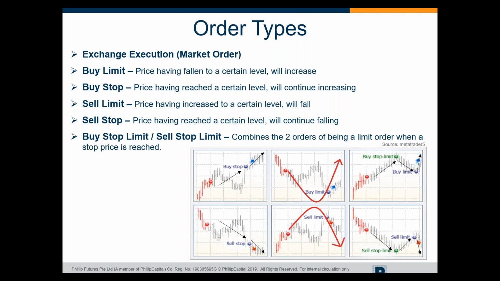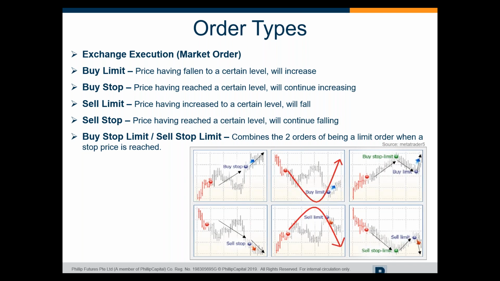For the buy stop and sell stop orders, just imagine a straight line, not a U-turn. It's the one on the left-hand side, buy stop. Same, the red dot is the market price. If the price rises, it will do a buy order for you, and you're hoping that the price will continue to go up.